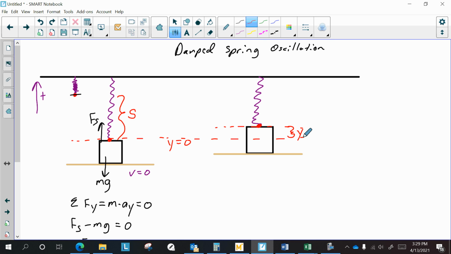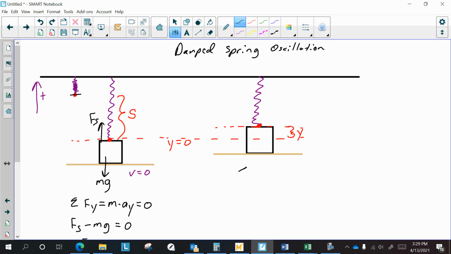So let's look at the forces that are acting on the box at this point. We pushed it up. If we let it go, its tendency is to go downward, but it's not going to stop when it gets back down to here. It's going to continue going, and the spring is going to pull it back up, and it's going to oscillate up and down, up and down.